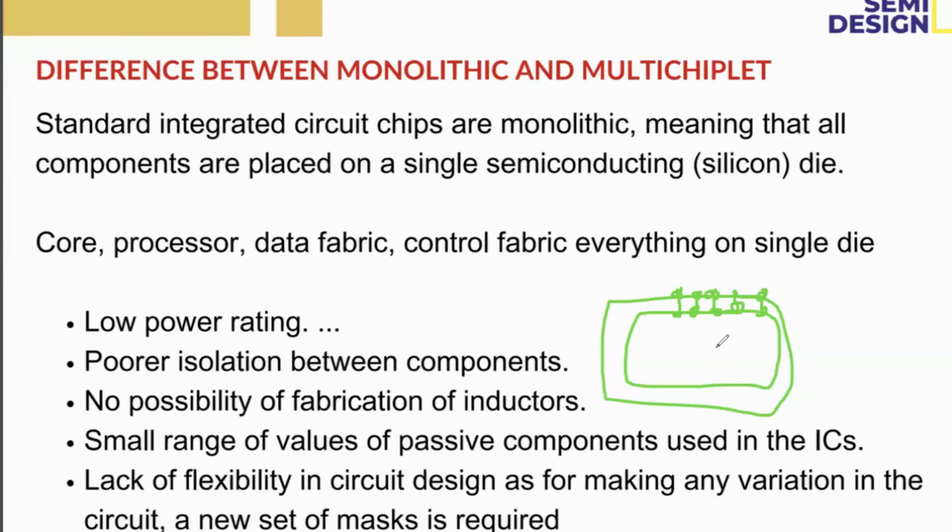So that is nothing but a monolithic chip, an integrated circuit. Okay, so like your motherboard. If you see olden days, the components were large devices. There will be resistors, capacitors. On one side there will be the processor and RAM modules.